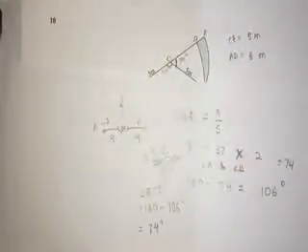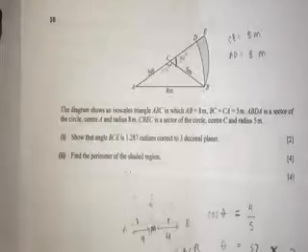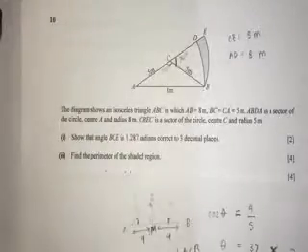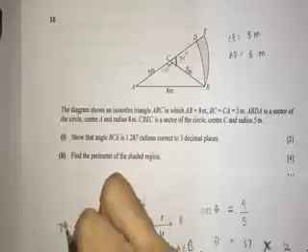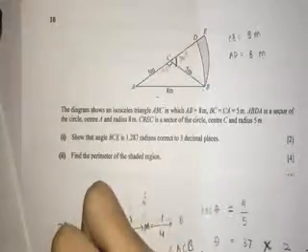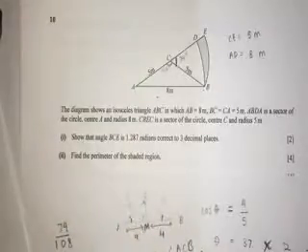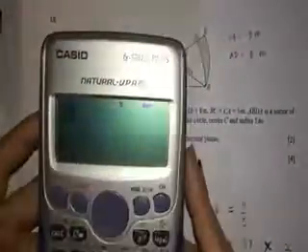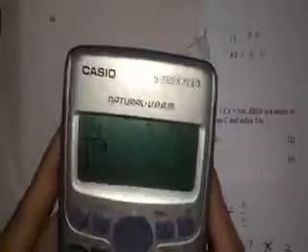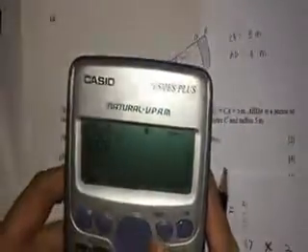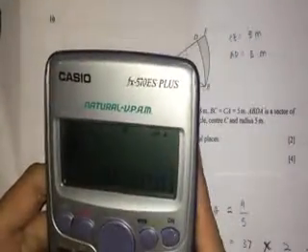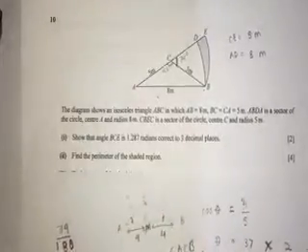But since the question says to find it in radians, what we do is we take 74 over 180, sorry, I thought it was 108, but this is 180.